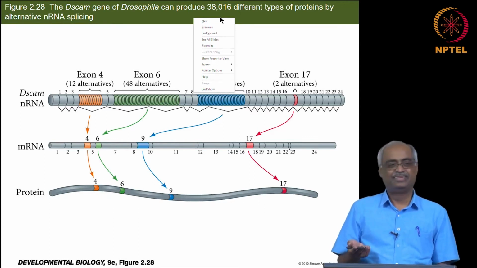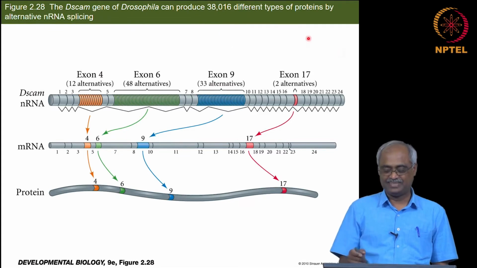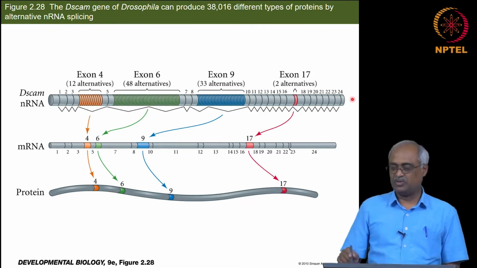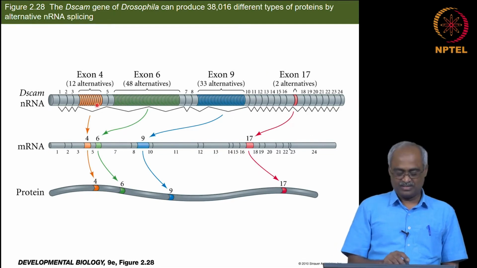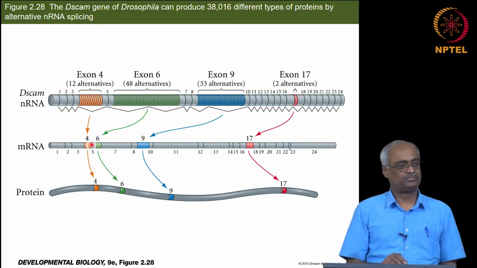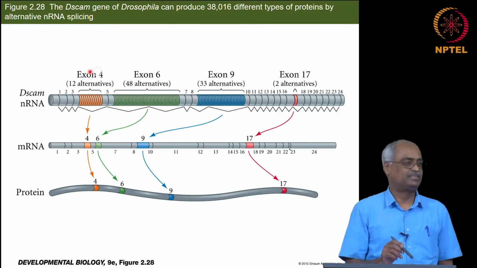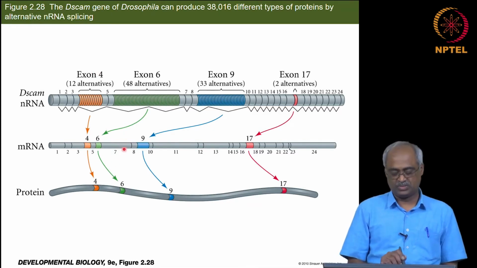So, it is nearly double of the C. elegans genome itself. Here you have 24 different exons in this protein, of which the colored ones, if you look at them, any one of these striped segments can be selected as exon 4. 12 different alternatives are possible to serve as exon 4, 12 different adjacent sequences.